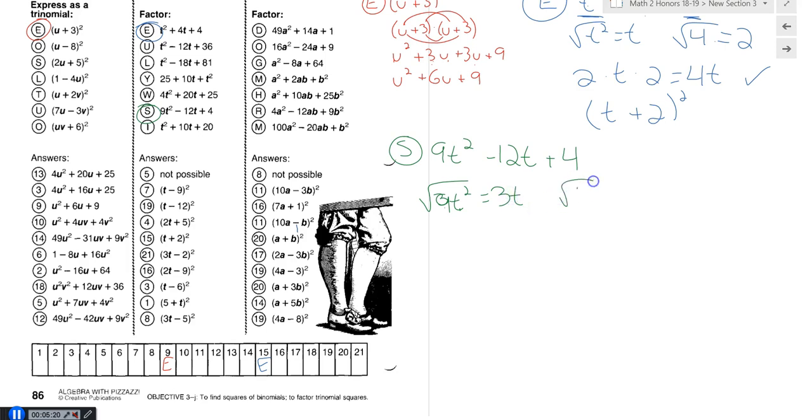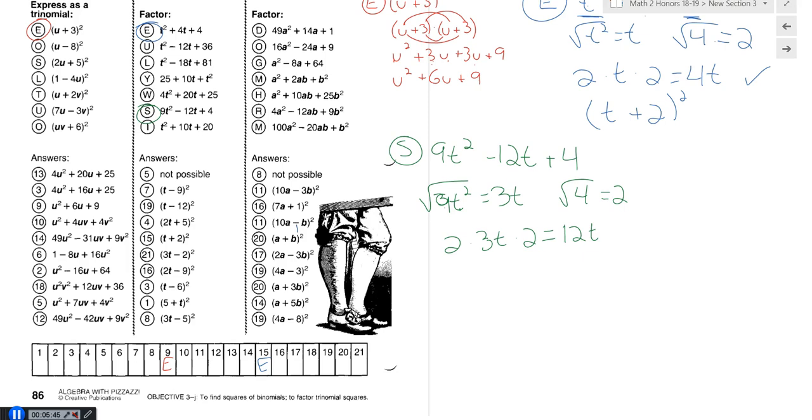The square root of 4. So now I want to check 2 times 3t times 2 is 12t.